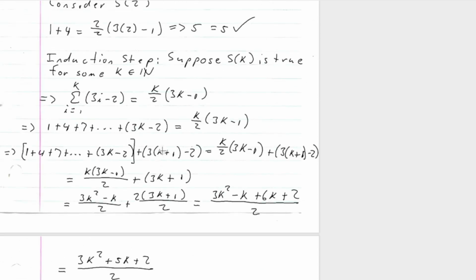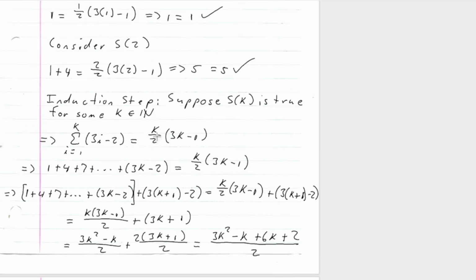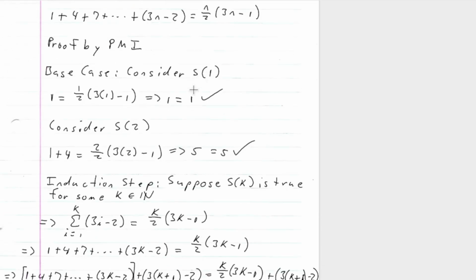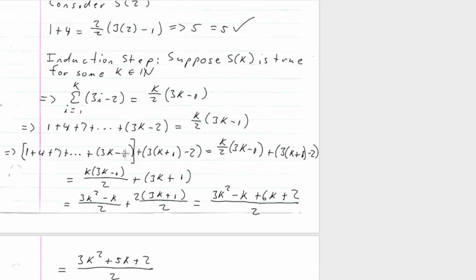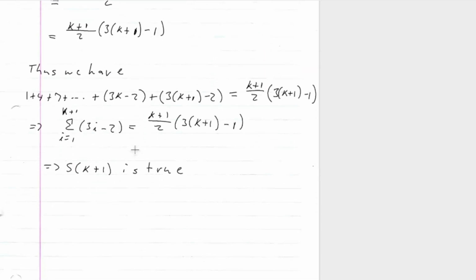We assume that this statement works for some natural number k, and assuming that it works for some natural number k, if we can show that it works for the next term, which would be k plus 1, then the statement is true for any n that we choose, right?